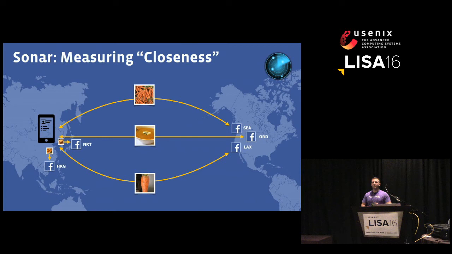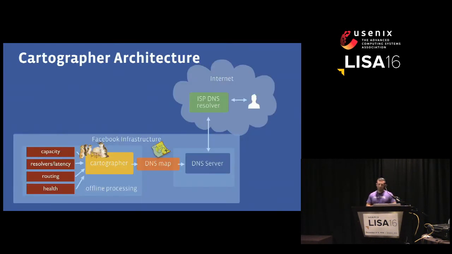By doing this, we can sample measurements to all the different locations around the world. And even though we're only doing one in approximately 40,000, this ends up being a lot of data at the end of the day. So we have a pretty good idea of, based on most of the IP blocks or network prefixes around the world, how close you are to all of our different POPs.